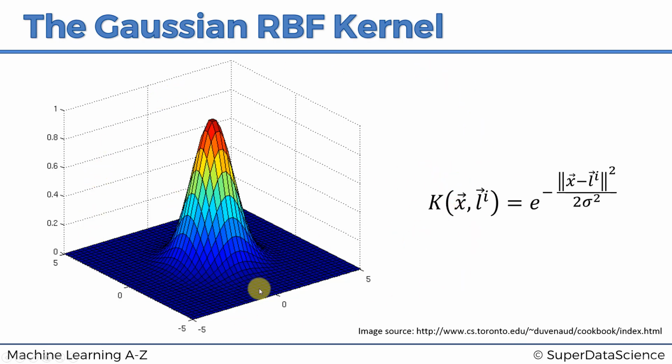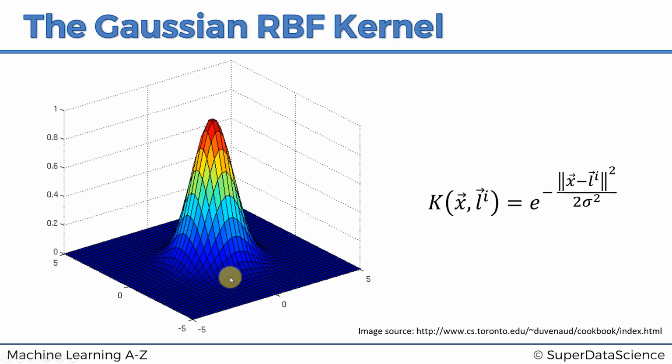What's happening here is that L, the landmark, is in the middle of this plane, in the middle of this two-dimensional space. Let's imagine this is the x coordinate, this is the y coordinate. In the middle we've got 0, 0, and that's where the landmark is located. The vertical axis represents the result that we get when we calculate this for every other point on this xy plane.